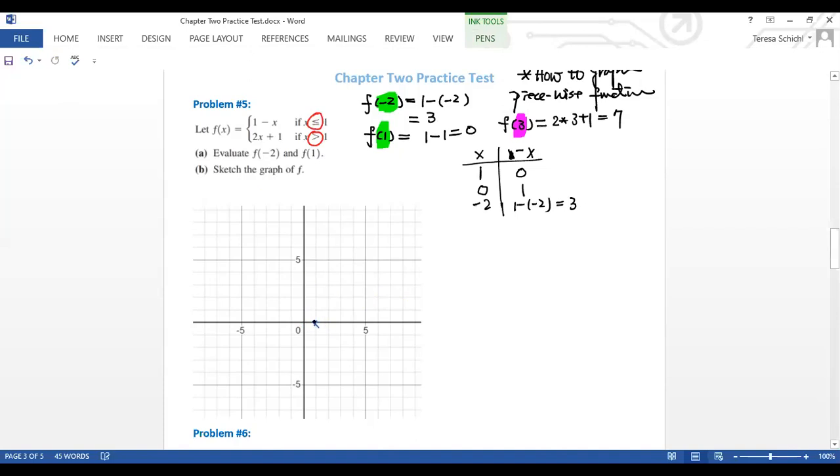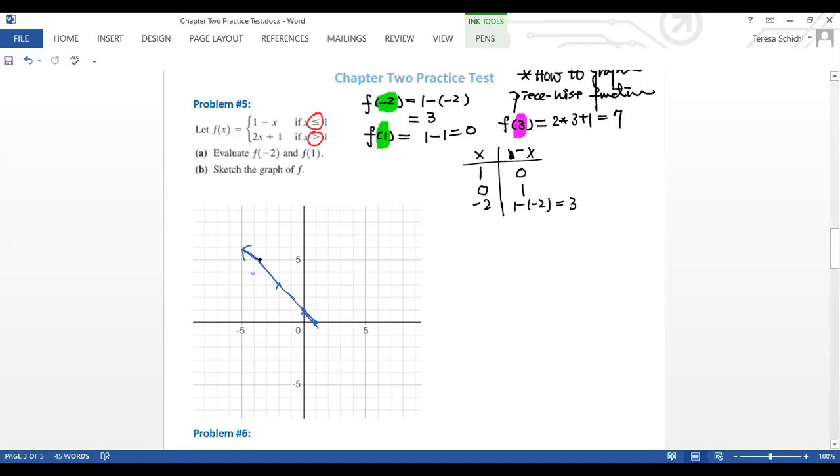Okay, now we find the next one, 0 and 1. So this is another point. And then negative 2 and 3. So this is another point. So I know this end, what happens here, you will have a line here, right?